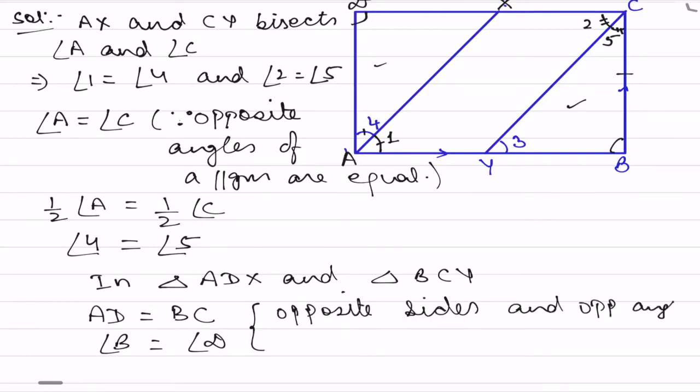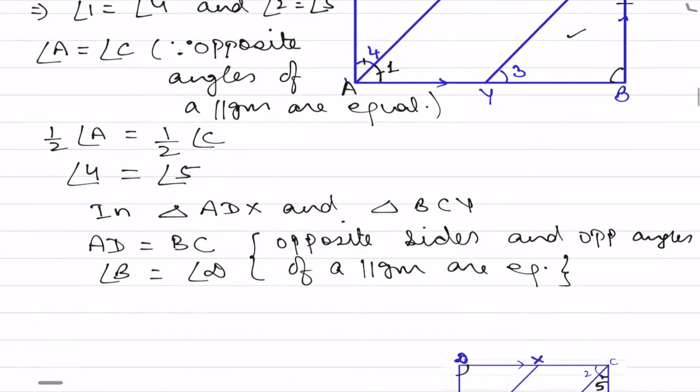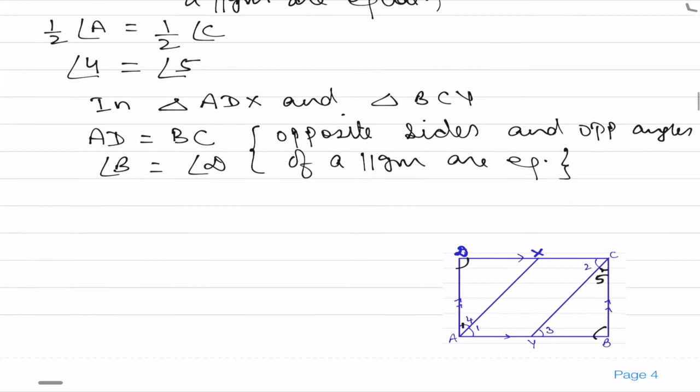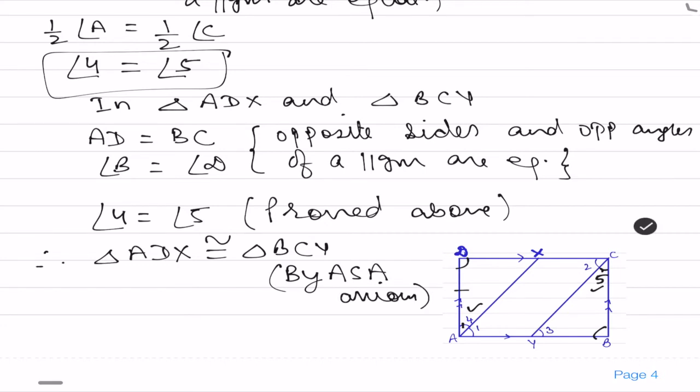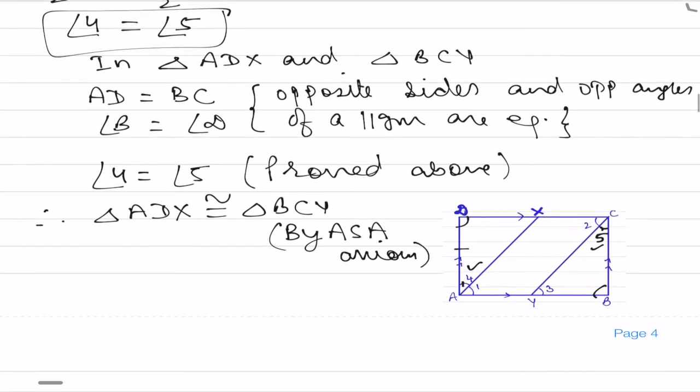Because opposite angles and sides of a parallelogram are equal. Third condition is angle 4 is equal to angle 5, which we have proved above. Therefore, triangle ADX is congruent to triangle BCY by ASA axiom. Side lies between the angles.